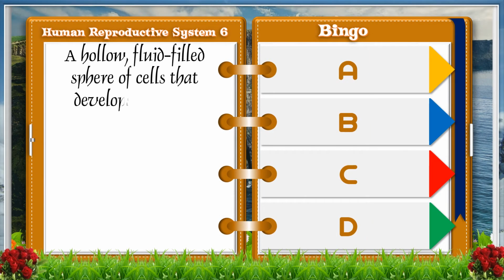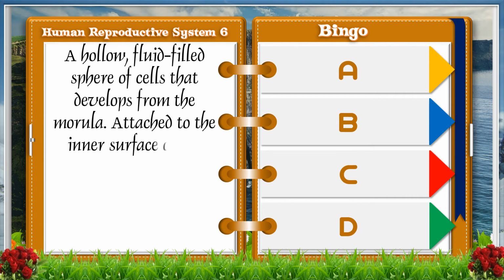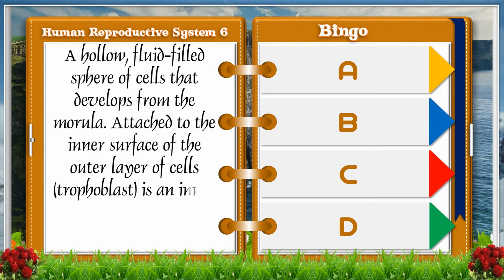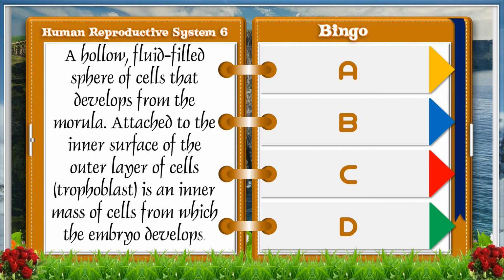A hollow fluid-filled sphere of cells that develops from the morula, attached to the inner surface of the outer layer of cells, trophoblast, in an inner mass of cells from which the embryo develops.